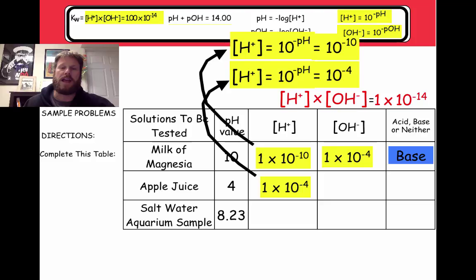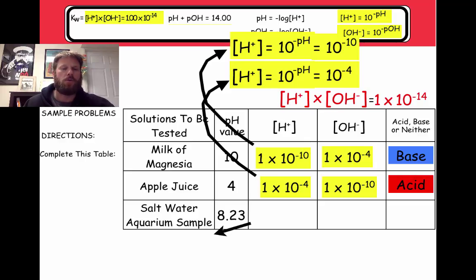That means the OH minus has to be 1 times 10 to the negative 10th. That way our exponents add up to negative 14. If we look up our H plus concentration on the pH scale, we would notice apple juice is an acid.